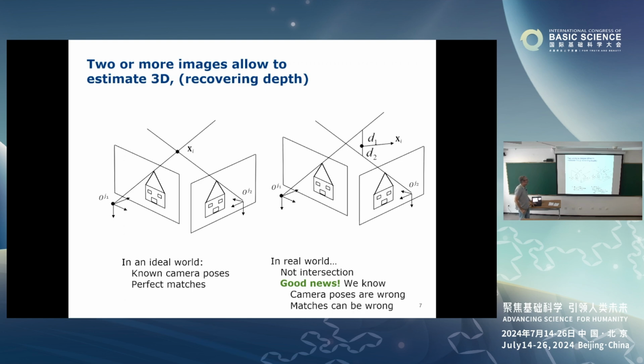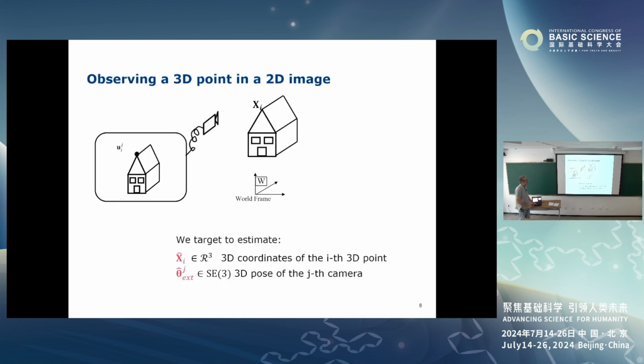Well, if we go to the camera's point of view, this is the scene, this is my camera, this is the image I have. What I would like to compute is where this 3D point is and also where this camera is. Making a projection, I can make up a hypothesis.